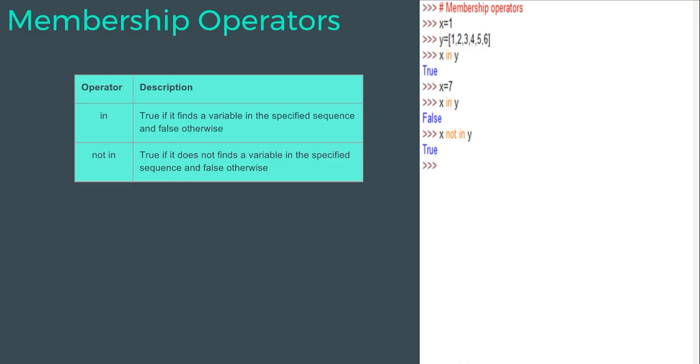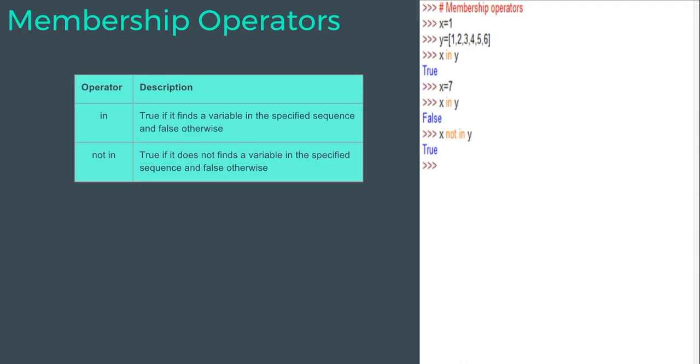When you write x in y, the answer will be true. 1 is in y, so the answer is true. If we change the value of x to 7 and perform x in y, 7 is not in the list of y, so the answer will be false. If x is not in y, the answer will be true, because 7 is not in the list of y.